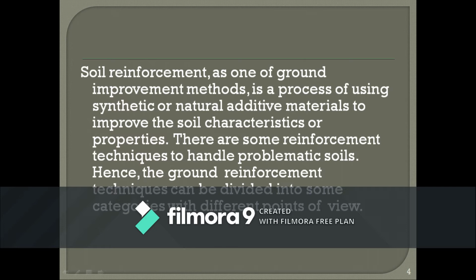You are adding a material to the soil so that the characteristic nature of the soil itself is changed. Where do we use this? Wherein we have a problematic soil. There are some reinforcement techniques to handle problematic soils. Hence the ground reinforcement techniques can be divided into some categories with different points of view. So whenever we talk about soil reinforcement, you are adding an additive in order to change the soil characteristics.